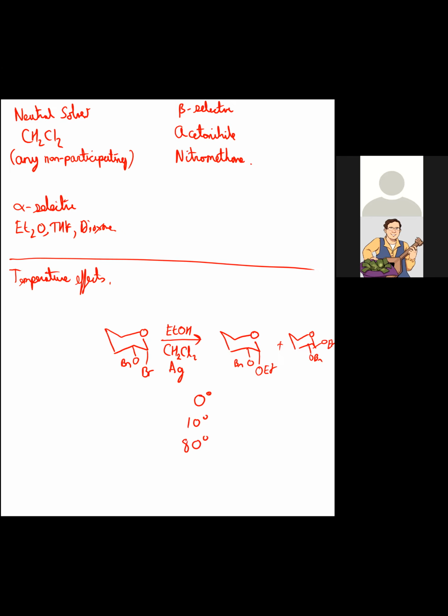So let's say we have that reaction. We do it at 3 different temperatures. Pretend that you can heat dichloromethane to 80 degrees Celsius. You're doing it in a sealed tube. Magic. Suddenly, boiling point doesn't matter.